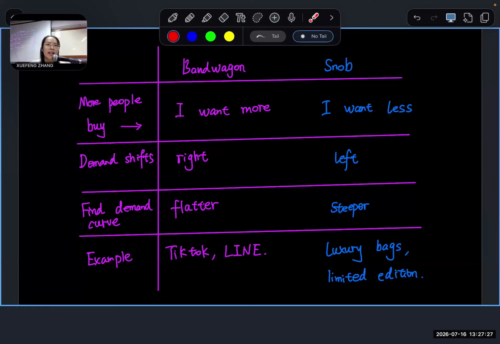Starbucks in Thailand. Have you ever been to Starbucks coffee? Okay, so think about it. Once a status symbol when it first opened. Before it was exclusive, but right now it's just a normal coffee shop for many people.